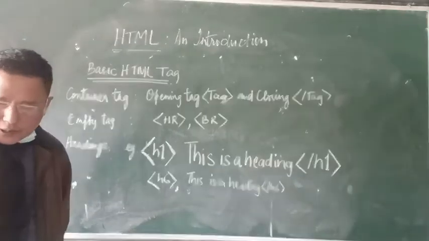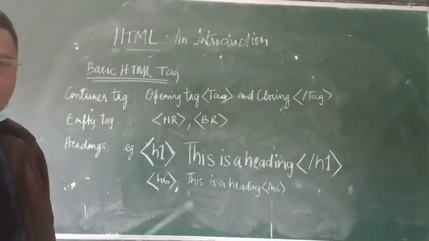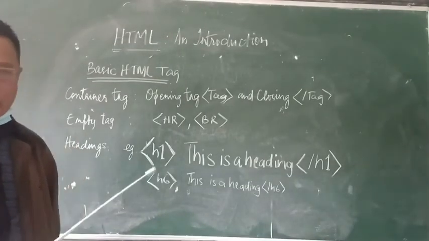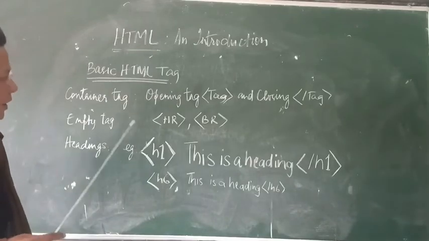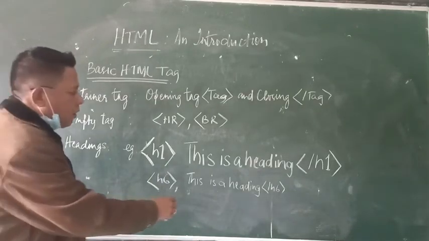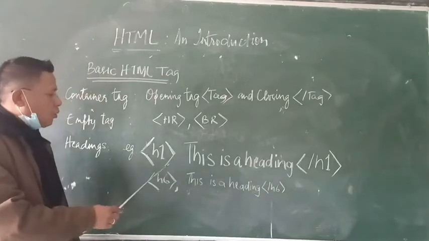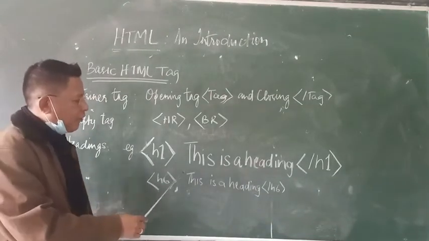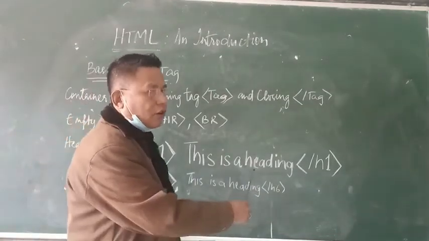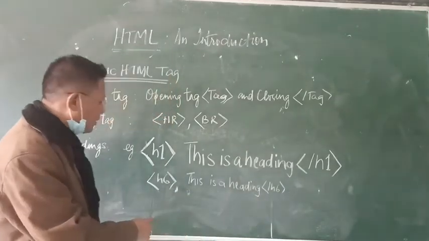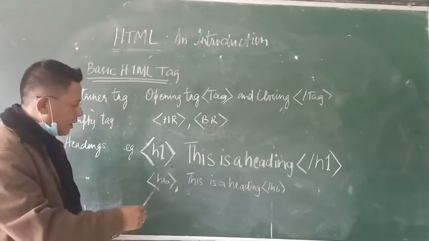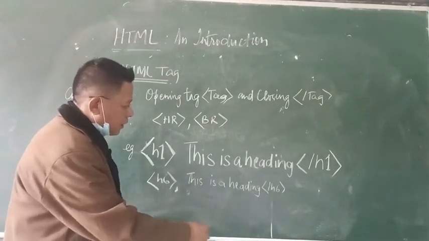Yes. Headings are defined with H1 to H6. Now it depends on the size of the font. H1 defines the biggest or largest font size, while H6 defines the smallest.